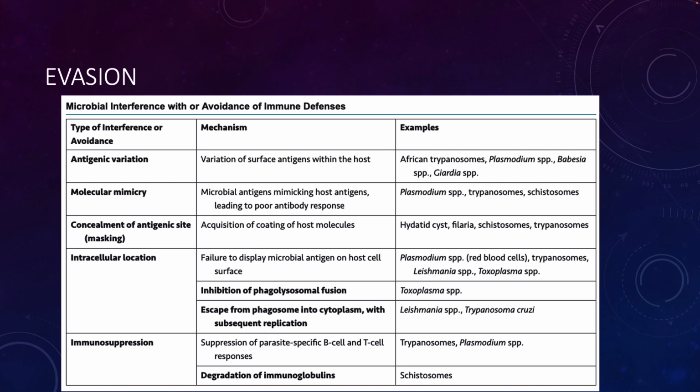As we talk about the different organisms, we'll talk about how some of them do these specific things, but just overall, you see very similar trends. When an organism is able to cause disease, it needs to be able to adhere, it causes tissue damage, and it can evade the immune system. So these are really important traits for any sort of organism that's going to cause disease in a host.